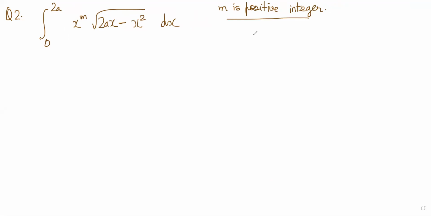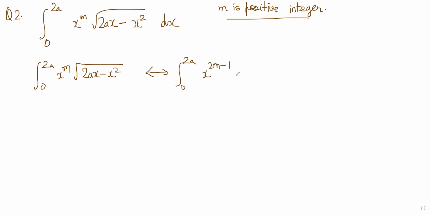Okay. So what I want to do here is again connect this integral, 0 to 2a of x^m root over (2ax − x²), to the integral from 0 to 2a of x^(m − 1) root over (2ax − x²), this integral, right?